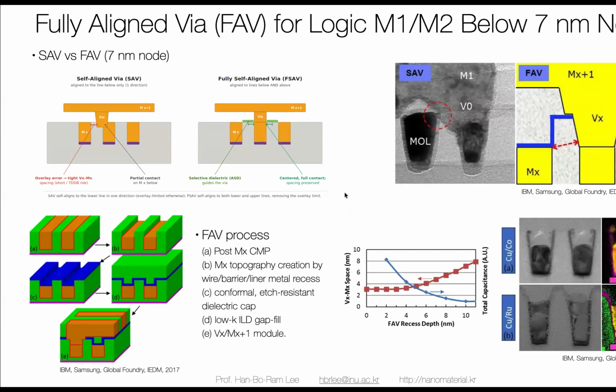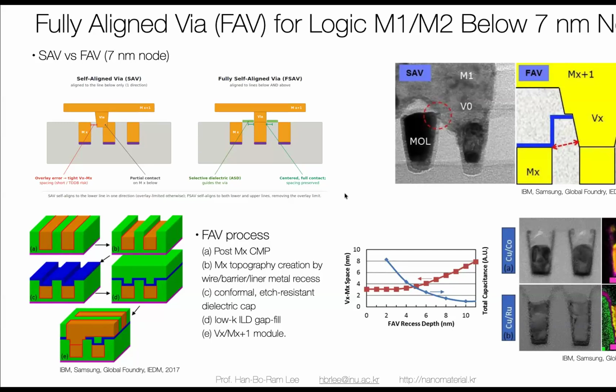But there is a lot of trouble from parasitic capacitance because of the limited alignment error when using photolithography. So they said, why don't we make alignment at both top and bottom? Because of that, they call it the fully self-aligned via, FAB.